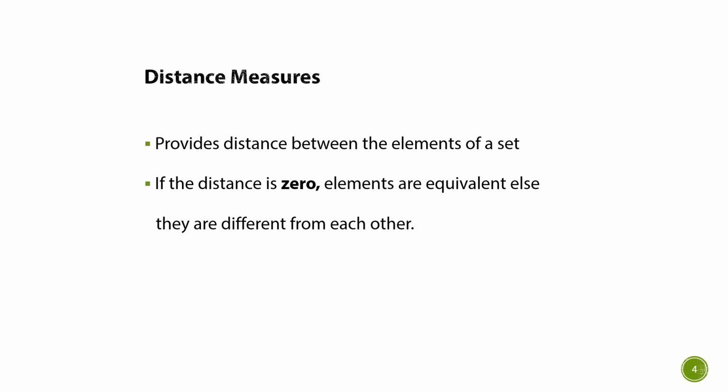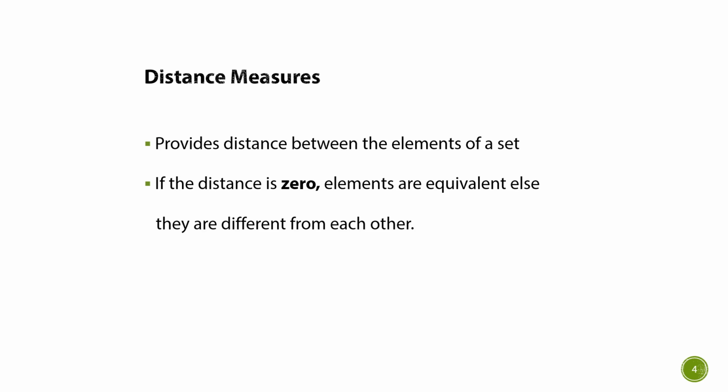The closer the distance, the more similar they are, and vice versa. It means the greater the difference between the elements, the more dissimilar or different they are. In both supervised and unsupervised learning, these distance metrics are used to measure the similarity between data points.